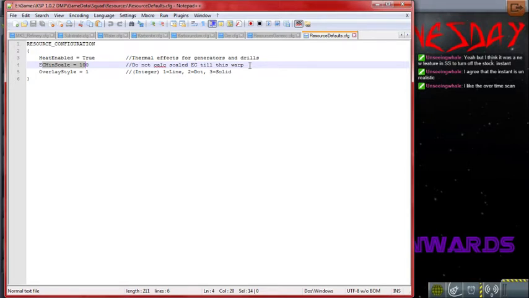Yeah, I completely agree there, USW. Do not calc scaled EC till this warp.